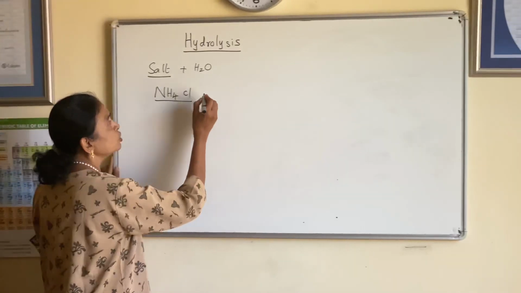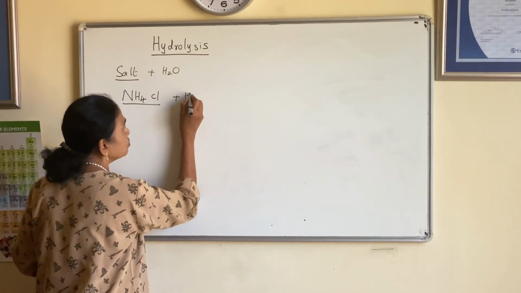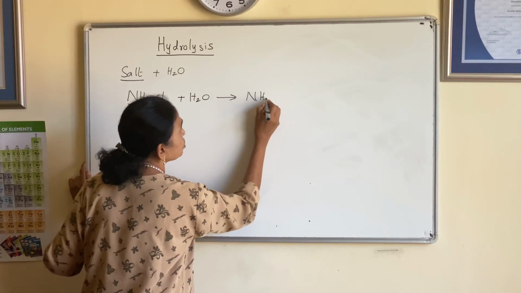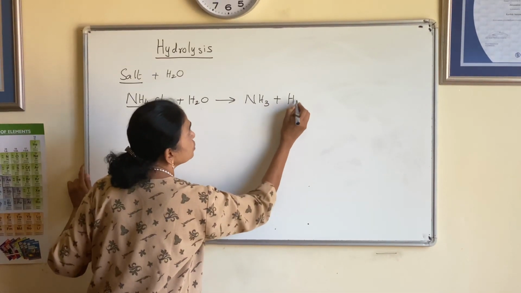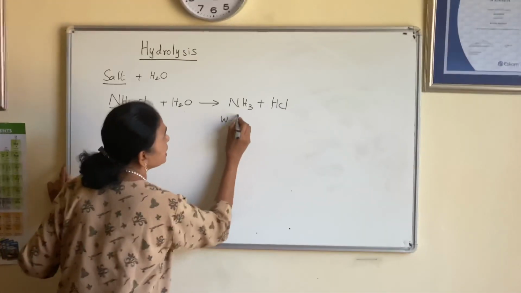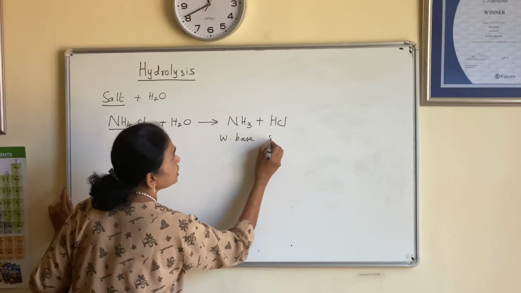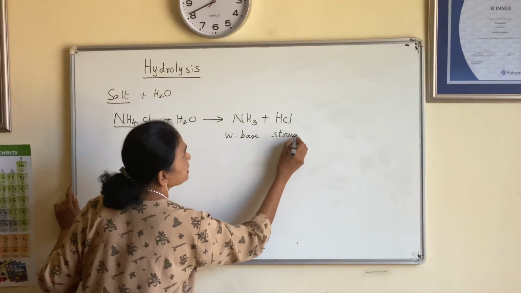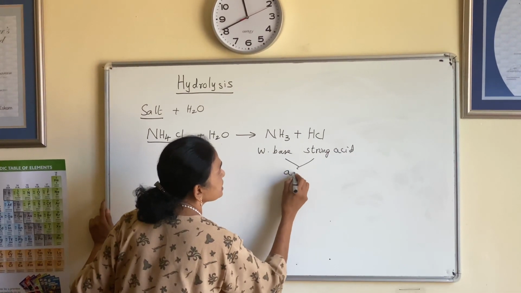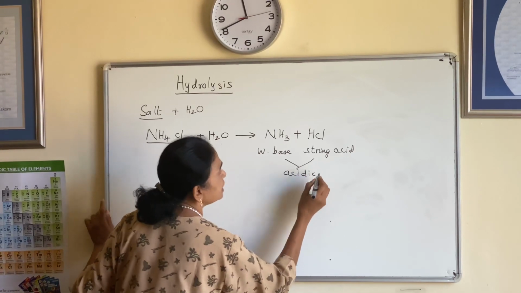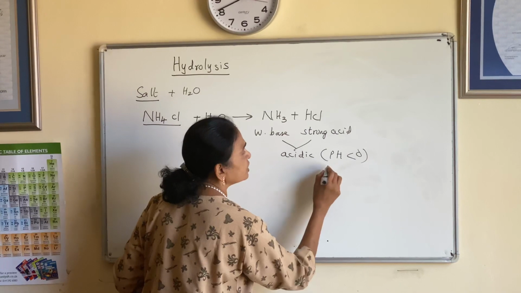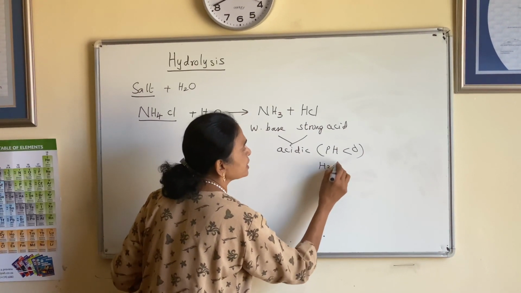So when you put ammonium chloride in water, it is going to form an acid, which is hydrochloric acid, and a base, which is ammonia. This is a weak base, and this one is a strong acid. When you combine these two, the solution will become acidic. Acidic means the pH is less than 7 and it will have lots of H3O plus ions.